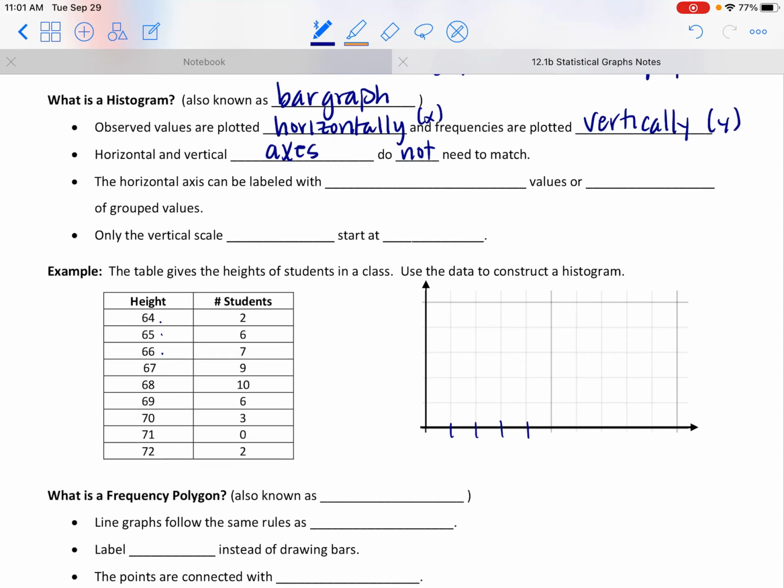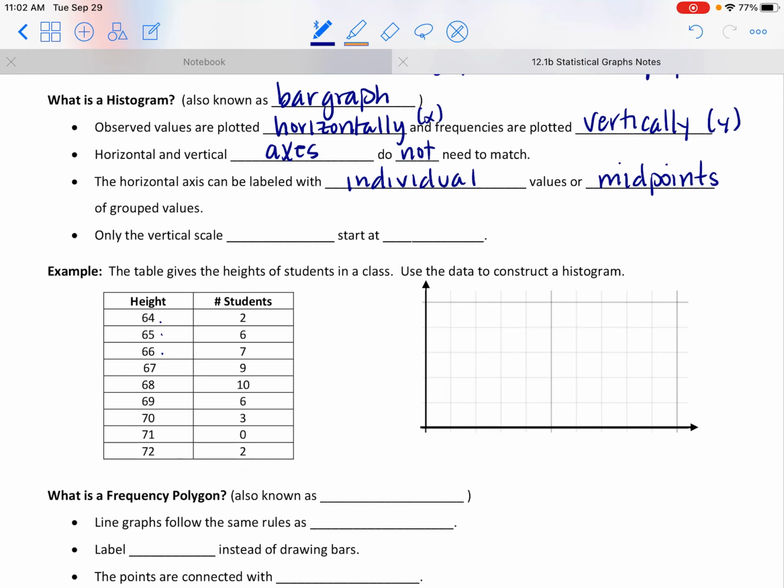On an axis, I don't want to put two different numbers, so I need one number to represent the group. So we're either going to put individual values if that's what we're given, or if we have groups, classes, we're going to put the midpoint of that group or class.